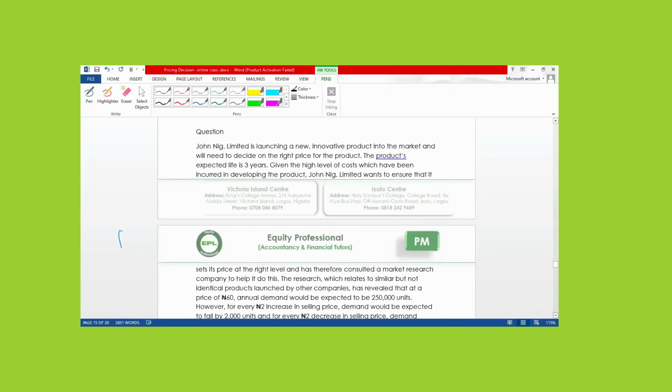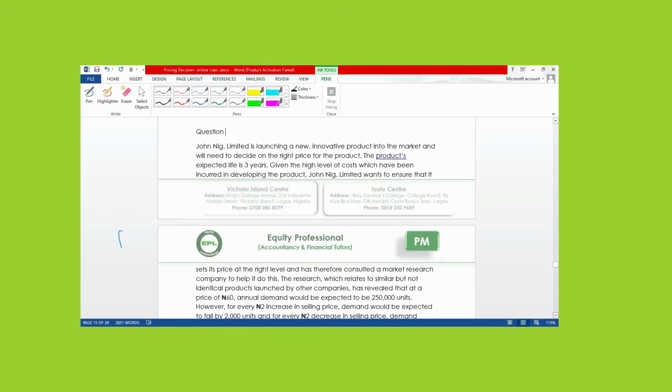John Nigeria Limited is launching a new innovative product into the market, and we need to decide on the right price for the product. The product's expected life is 3 years.